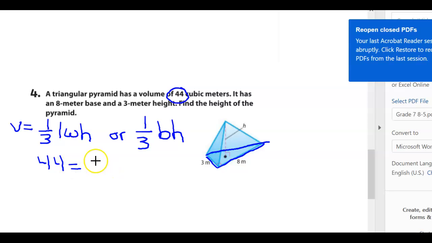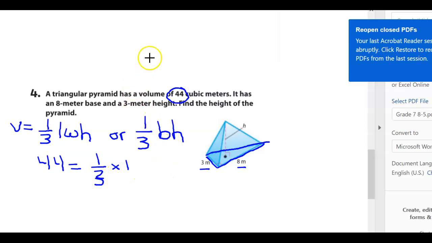Now we said that the base was going to be 12, right, you guys? 3 times 8 gives me 24, but we have a triangle, so that would be half of that, which is 12.